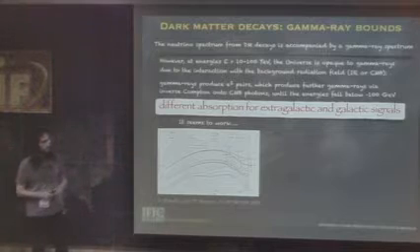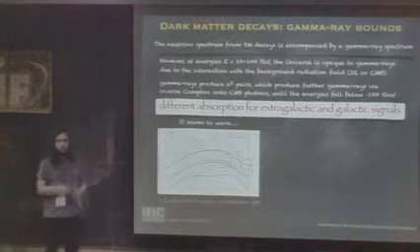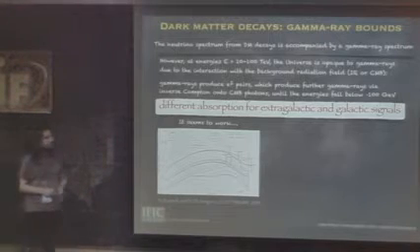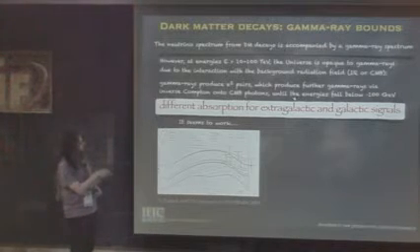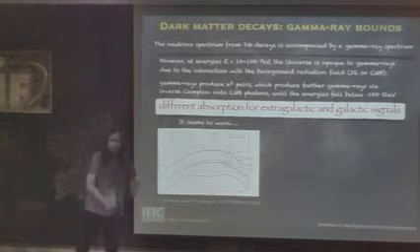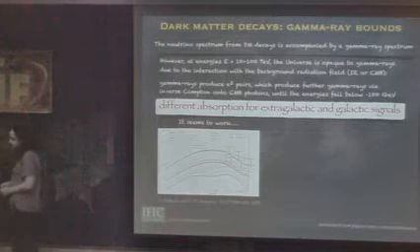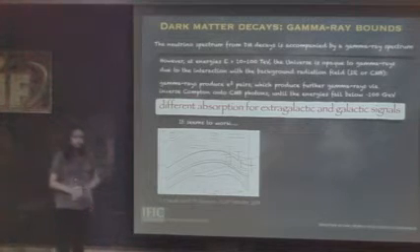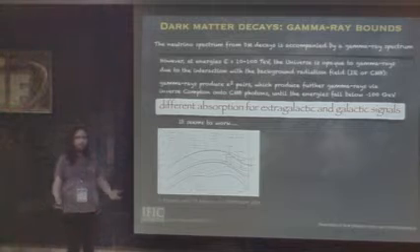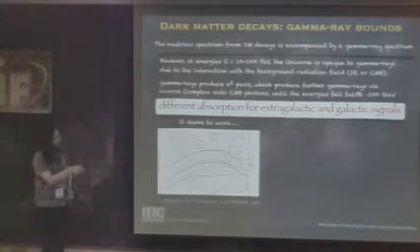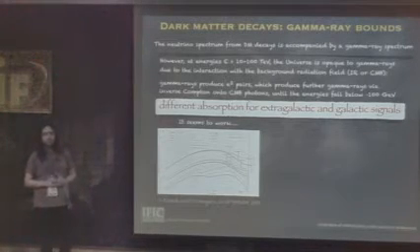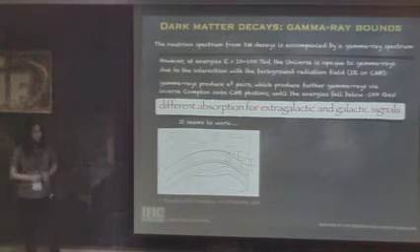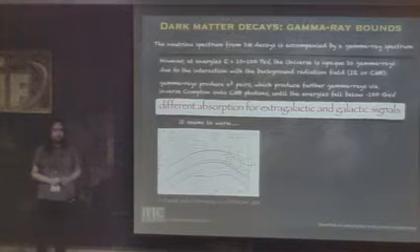Those e plus e minus pairs then interact with photons in the medium, basically the CMB, and produce other photons via inverse Compton scattering, and this is basically a cascade process. This proceeds until the energies of these photons are of the order of 100 GeV or below, where the universe becomes transparent again, and then these 100 GeV photons coming from PeV dark matter decays can be detected in experiments like Fermi.